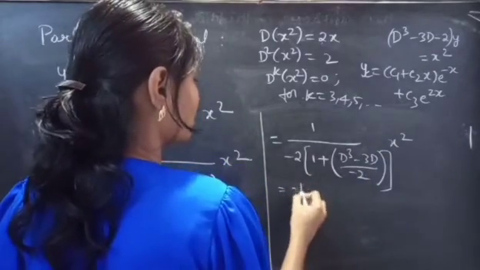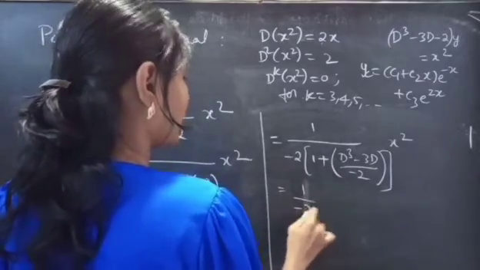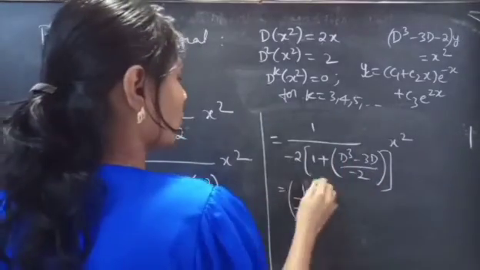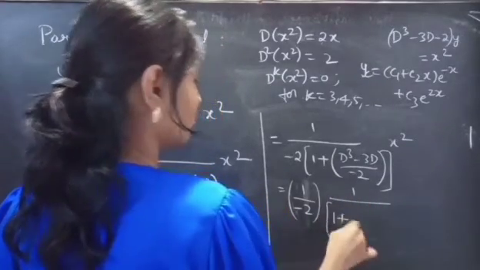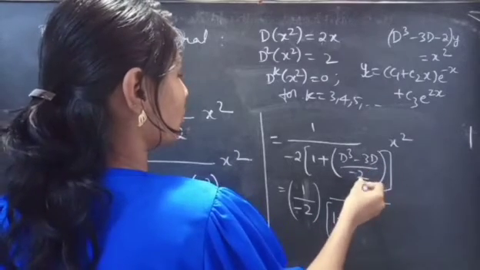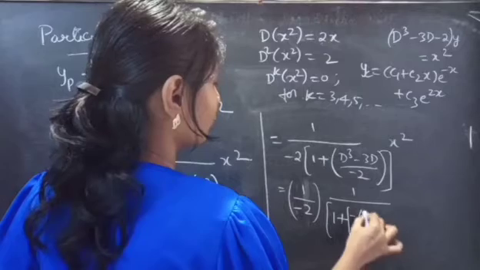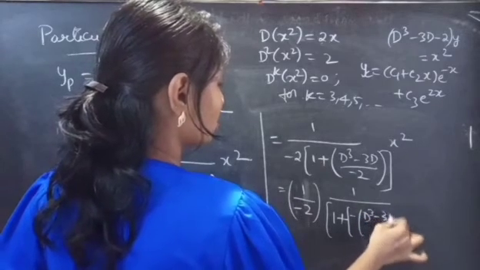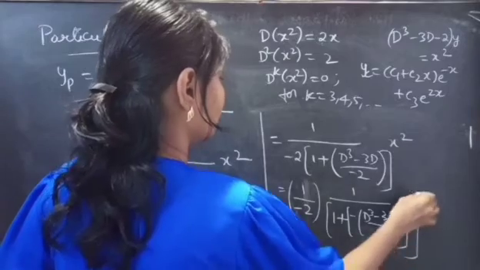is equals to minus 1 by 2. I'm writing 1 by, I can split this as 1 by minus 2 into 1 by 1 plus, see here, we can write D cube minus 3D by minus 2 as minus of D cube minus 3D by 2. Right?